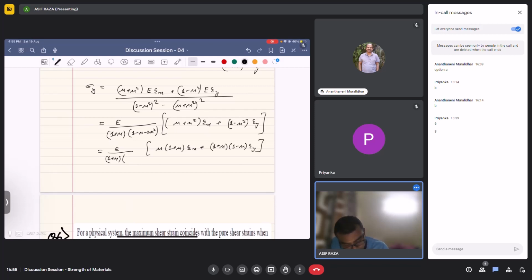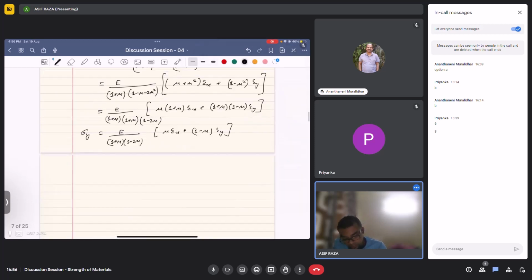If I can take 1 plus mu common here, what else can be there? 1 minus 2 mu. Is there 1 minus 2 mu plus mu? Yeah, it's correct then. So E upon 1 plus mu times 1 minus 2 mu times mu epsilon x plus 1 minus mu epsilon y. This is sigma y.